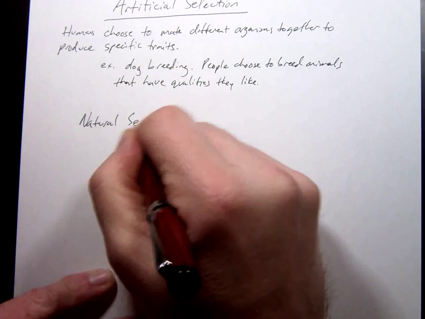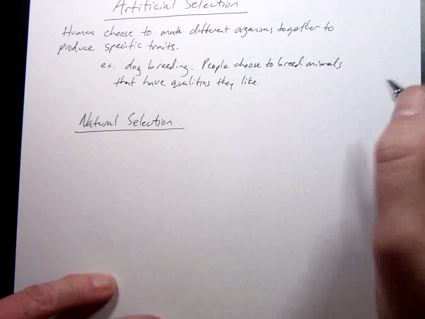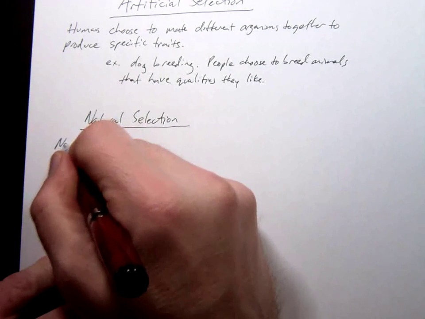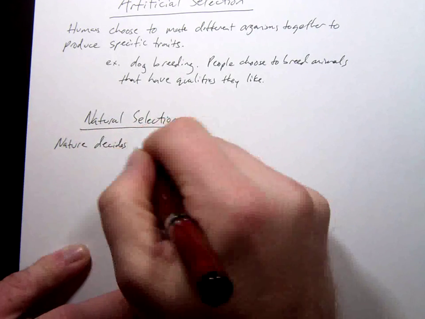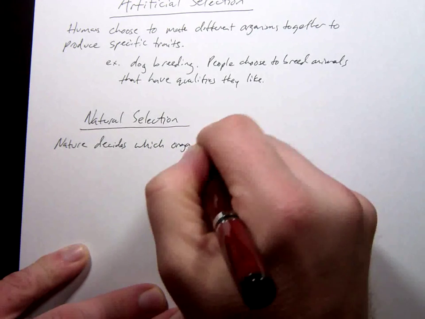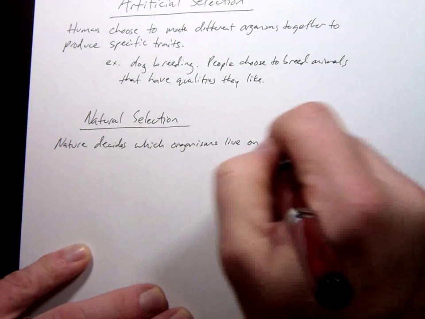Natural selection, okay, in this case we have nature deciding which organisms, not just animals, which organisms live on to reproduce.